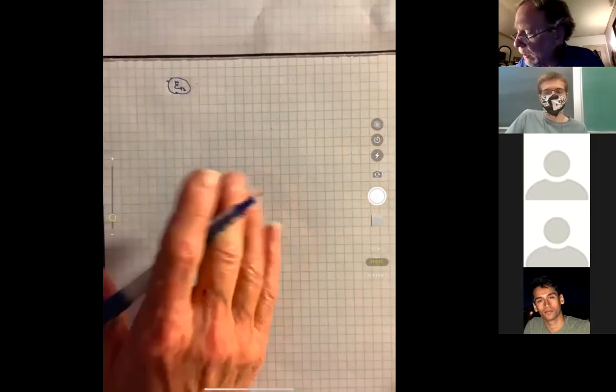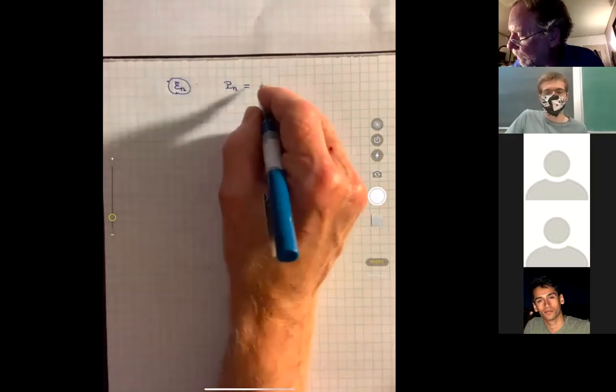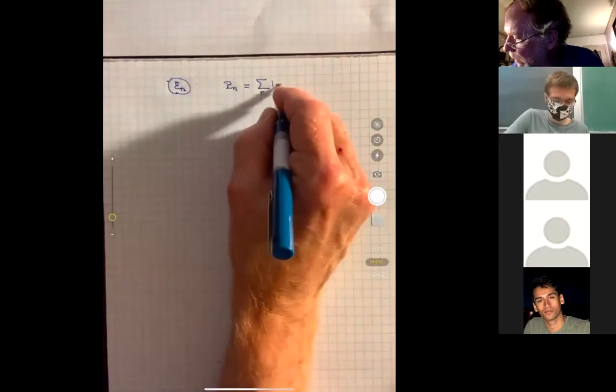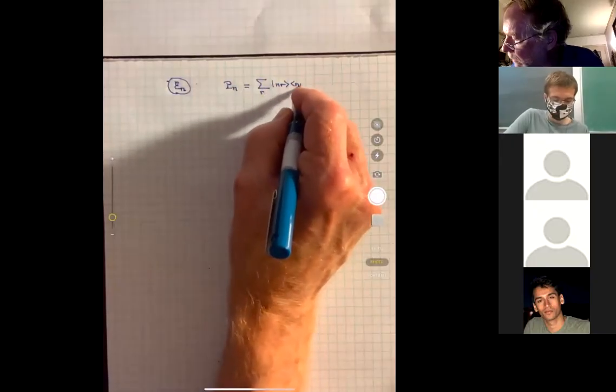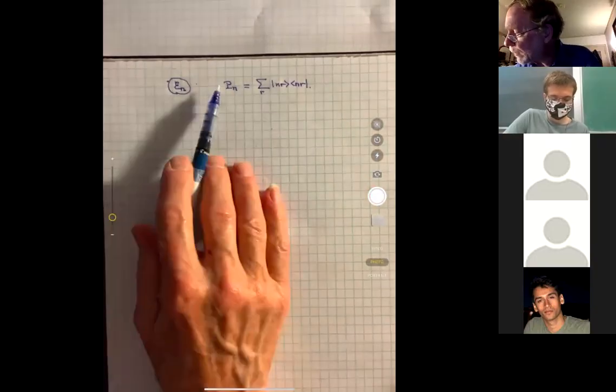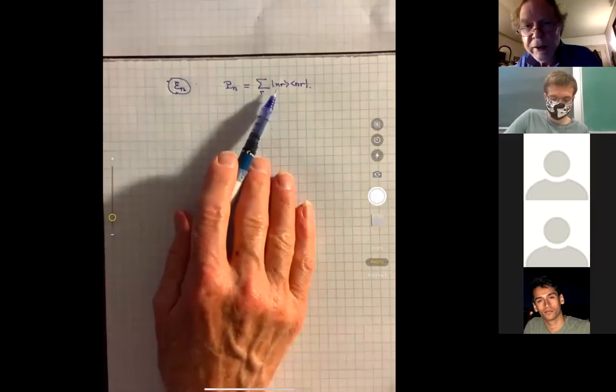Well, there should be a projection operator Pn corresponding to that. And in fact, it's easy to see what it is. It's given by a sum on r of |nr⟩⟨nr|. This is the operator which reproduces any vector inside that space, but annihilates any vector orthogonal to that space.